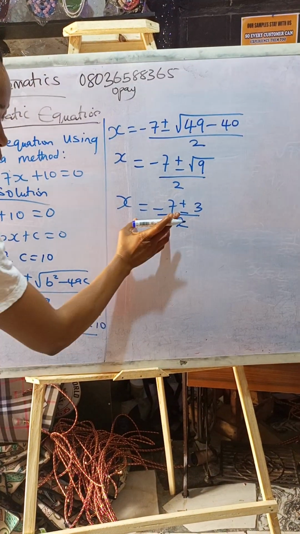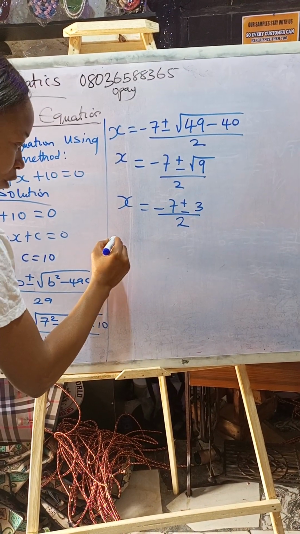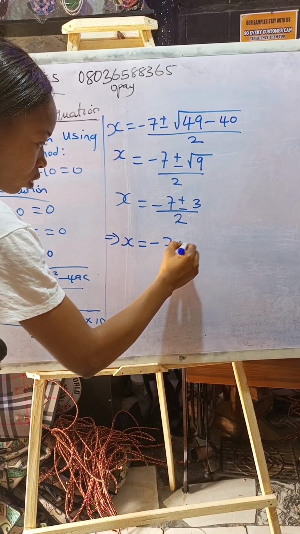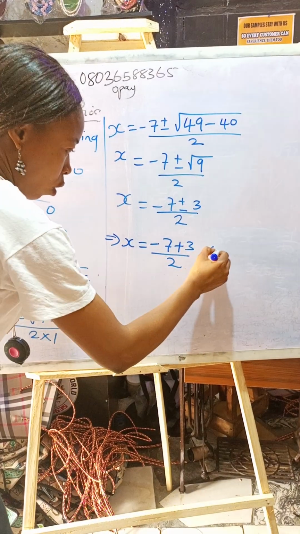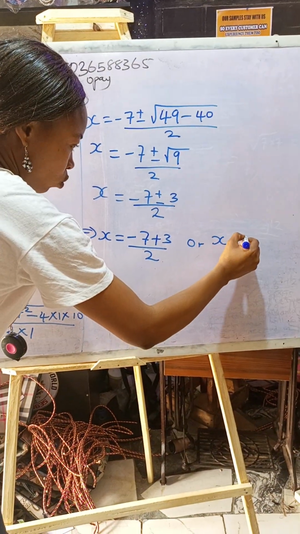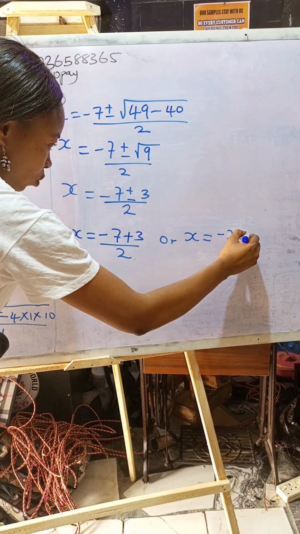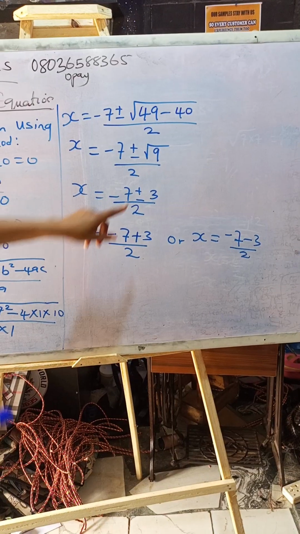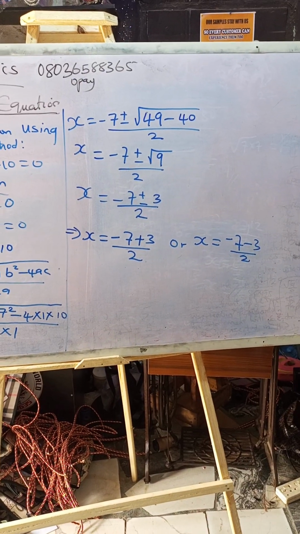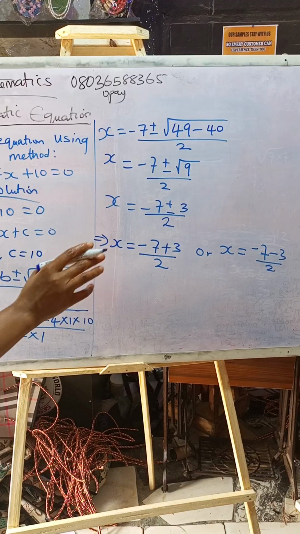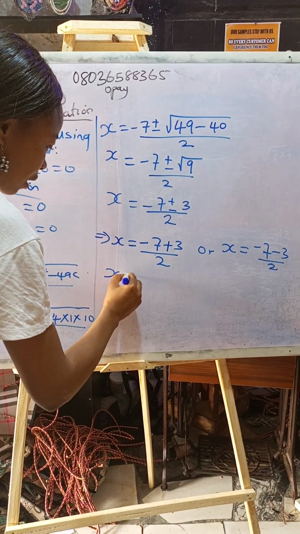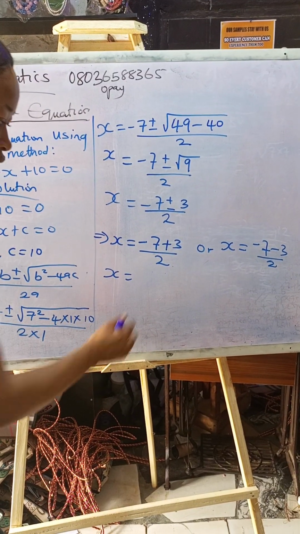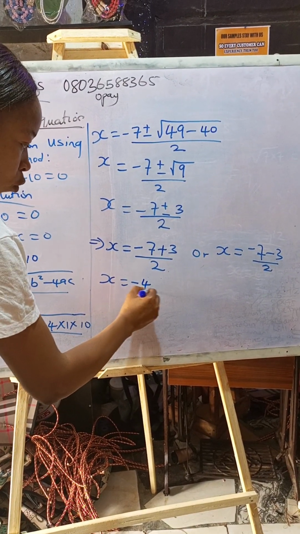At this point I will now separate the plus and minus. So this implies that my x equal to minus 7 plus 3 over 2, or my x equal to minus 7 minus 3 over 2. What we have just done is separate the plus and minus so that we can have the two solutions. So my x equal to minus 7 plus 3, which is the same thing as 3 minus 7, is minus 4 over 2.